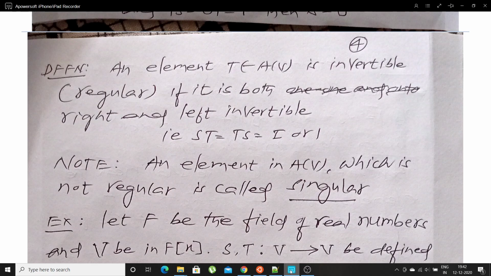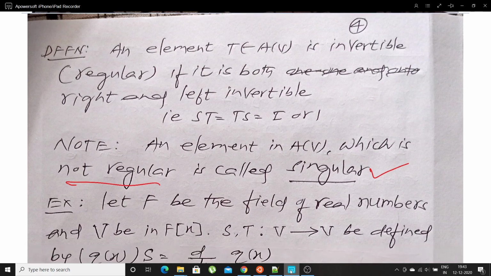If it is not regular, then we call it as what? Singular. Regular means what? Right invertible as well as left invertible or simply invertible. Invertible means regular. If it is not regular, then we call it as singular.